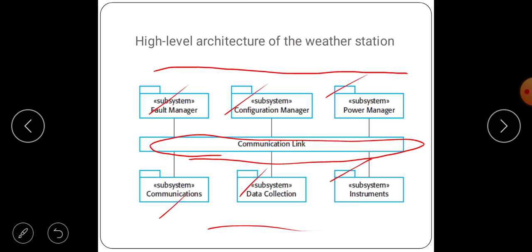Each subsystem listens for messages on the infrastructure and picks up the messages that are intended for it. This is the high level architecture of the weather station.